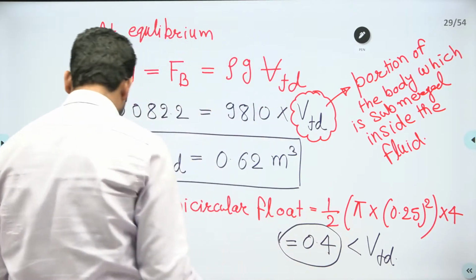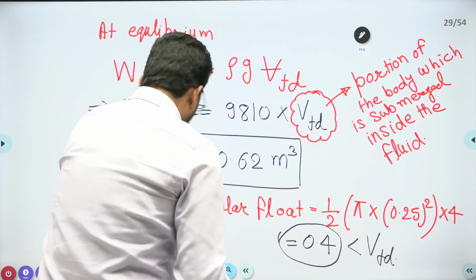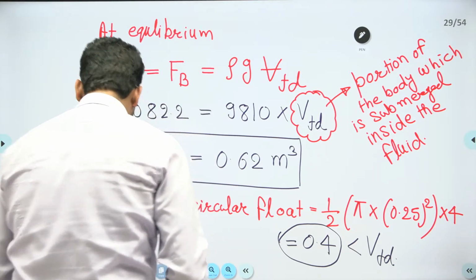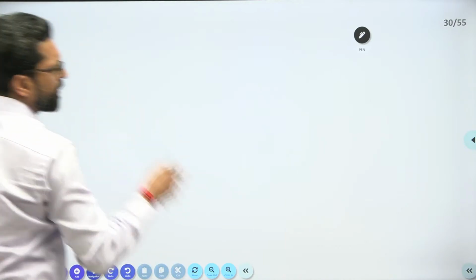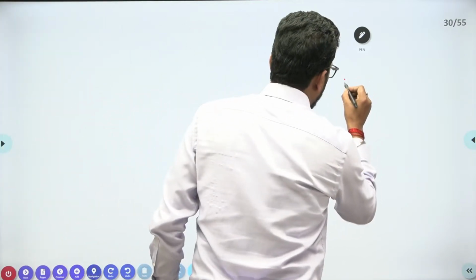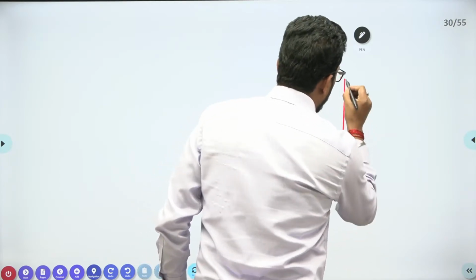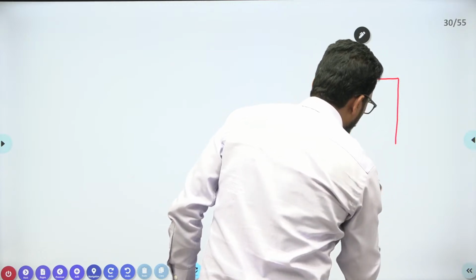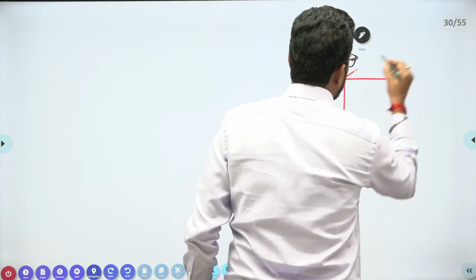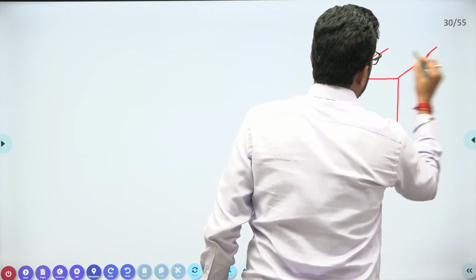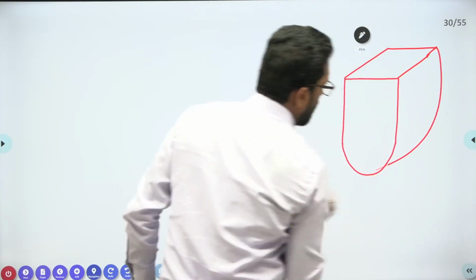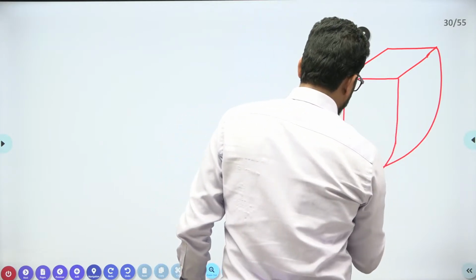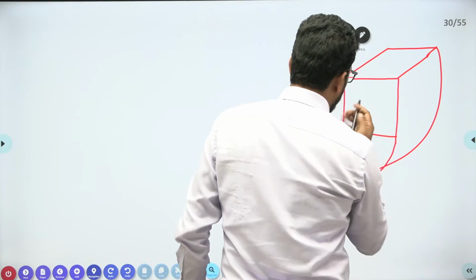So this is your portion. This is the circular portion, and some part of the rectangle is also inside the water.